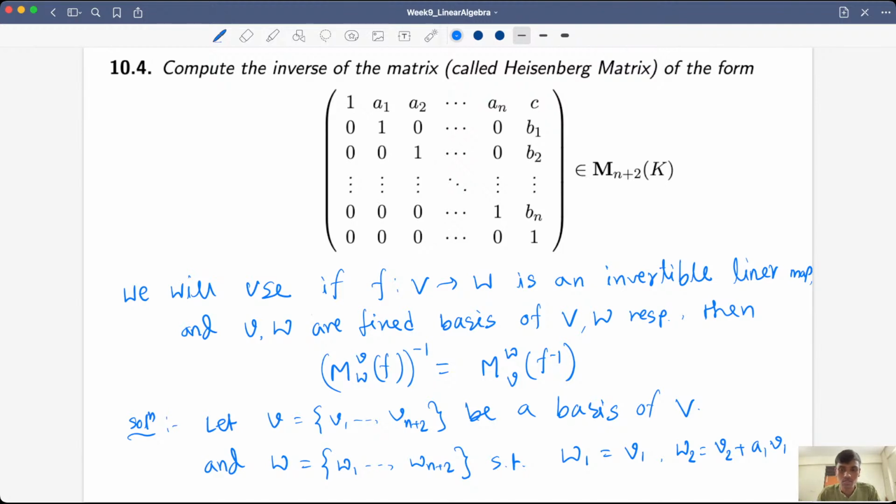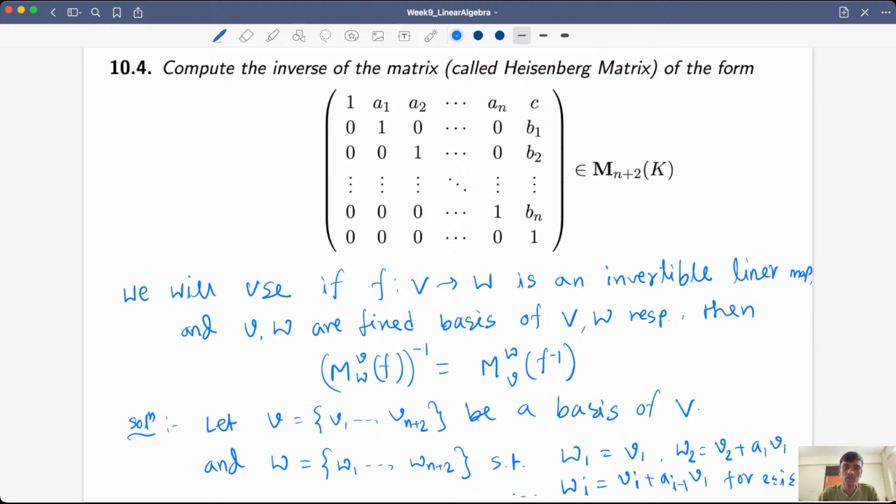And similarly, in general, wi is vi plus a(i-1) v1 for 2 less than or equal to i less than or equal to n plus 1.